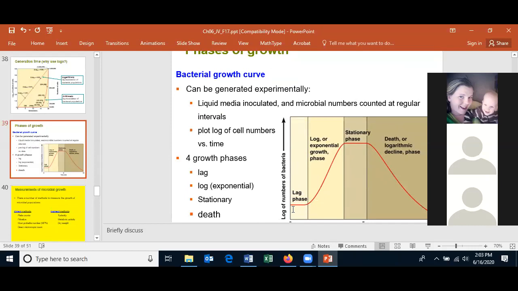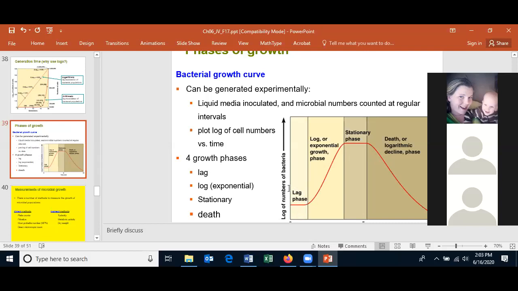They're not ready to grow in the new environment. What they're doing in the lag phase is not growing; they're getting the enzymes they need to grow in the new environment. And once they have those enzymes ready, the population starts growing. So that's what the lag phase is.